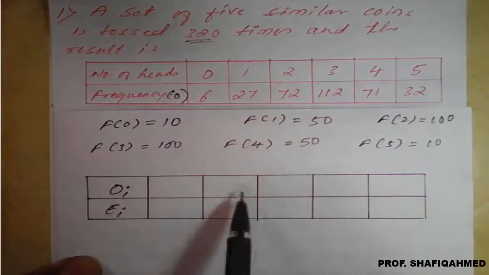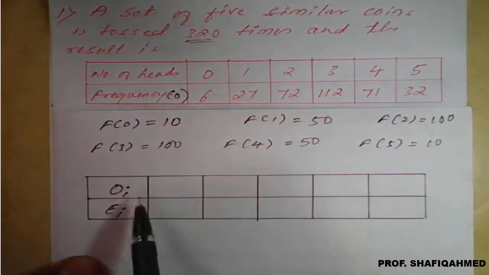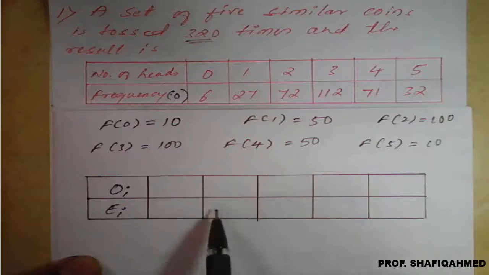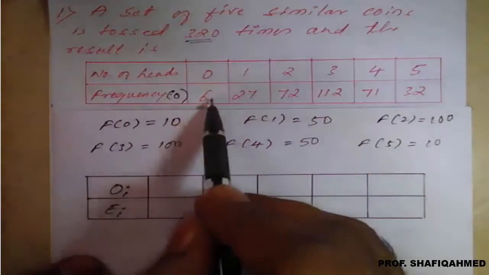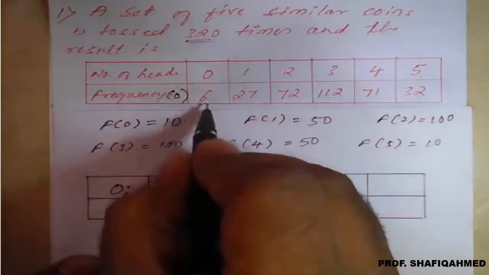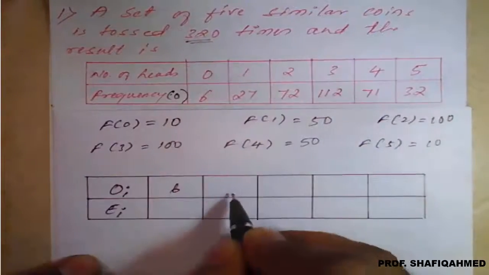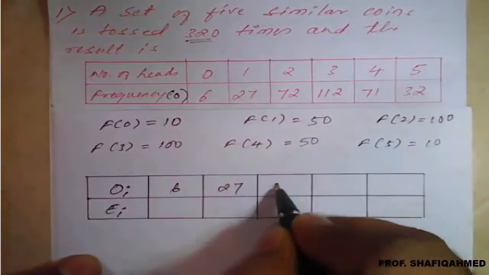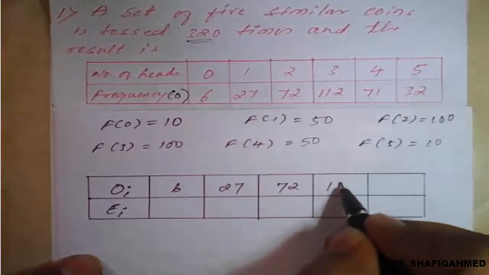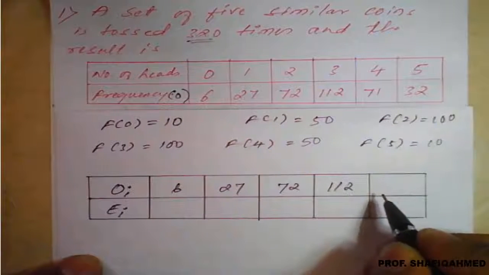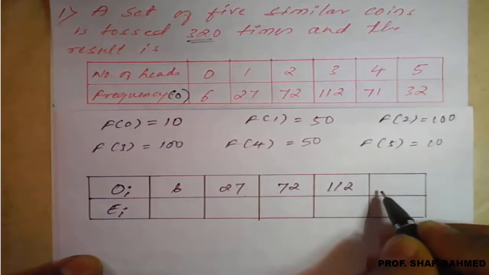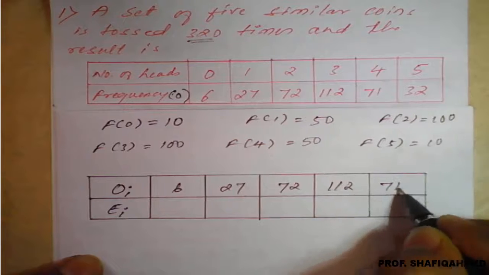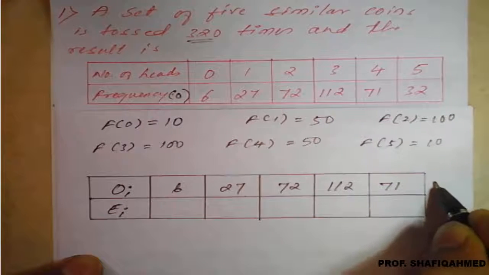Now this is a table I have prepared. So this is O values, the observed values we will take, and this is E values. O values we will take from the given question, that is 6, 27, 72, 112, 71 and one more is 32.